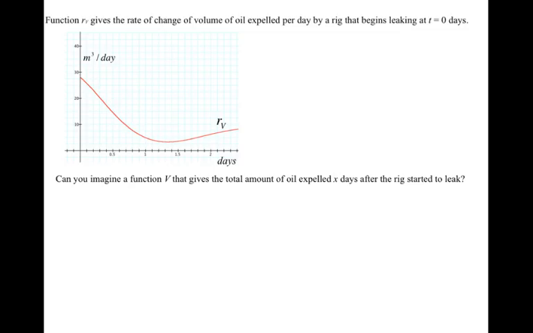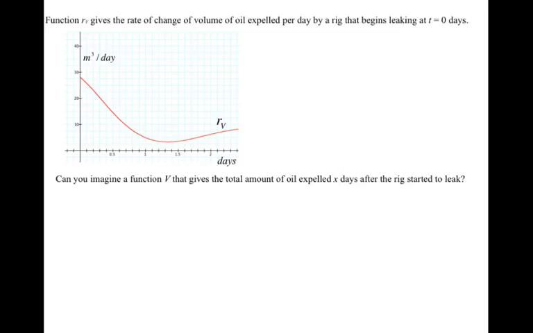So can you imagine a function V that gives the total amount of oil expelled x days after the rig started to leak? So here, the net accumulation and the total accumulation are the same because there was no leaked oil to start with. Okay, does that make sense? So that net accumulation and your total accumulation, same graph or same function. So can you imagine what that function looks like?